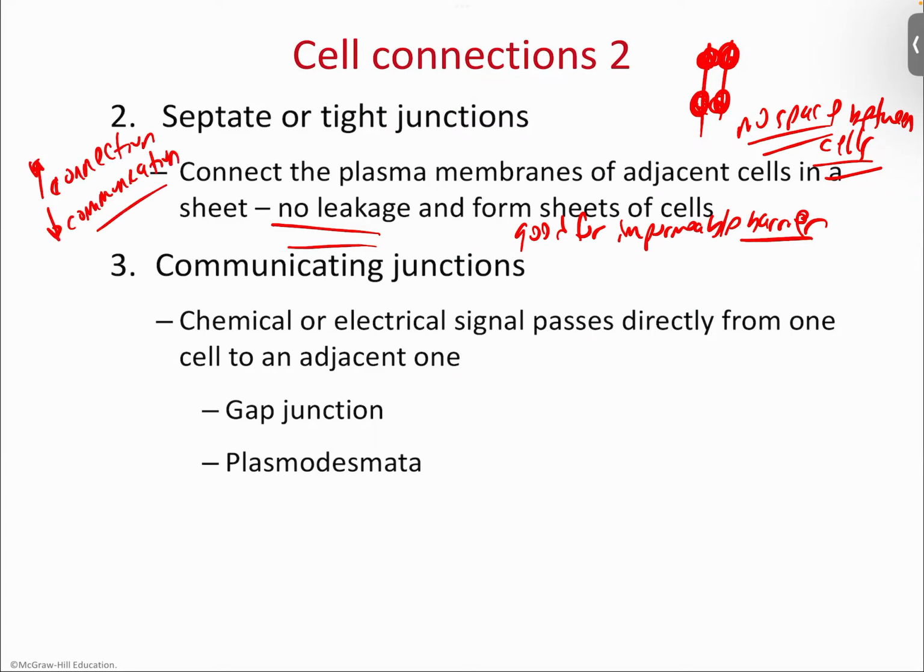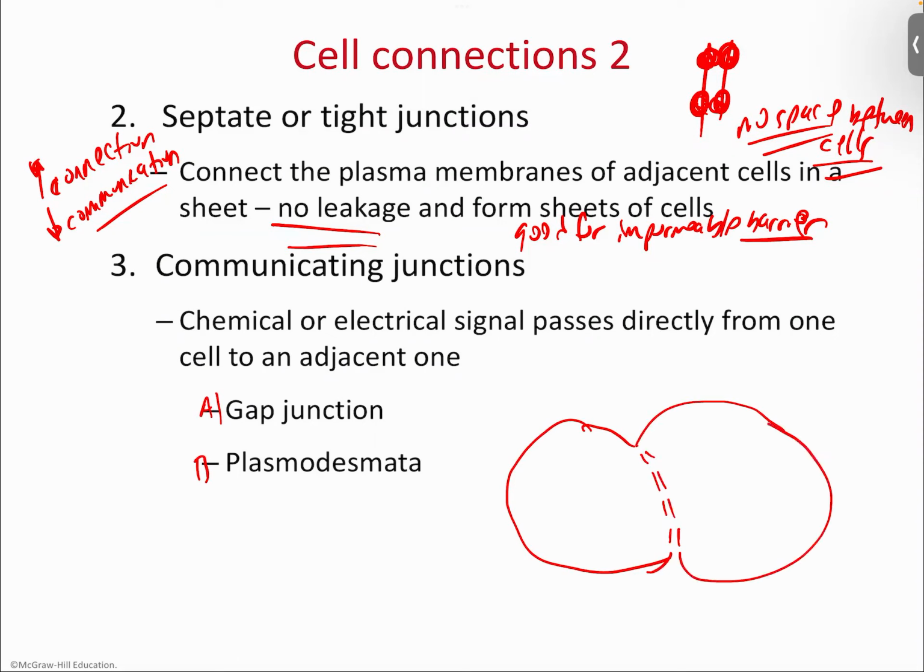And then you have communication junctions. There are two different types, but they're basically the same structure: gap junctions and plasmodesmata. Basically, you have cells which are connected to each other through these channels, these gaps.